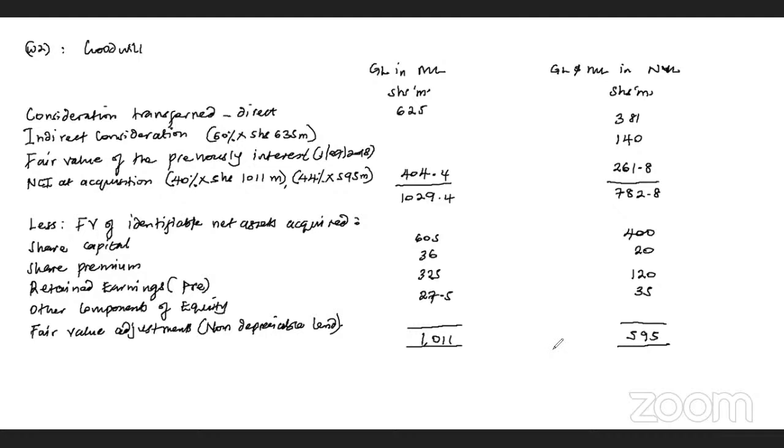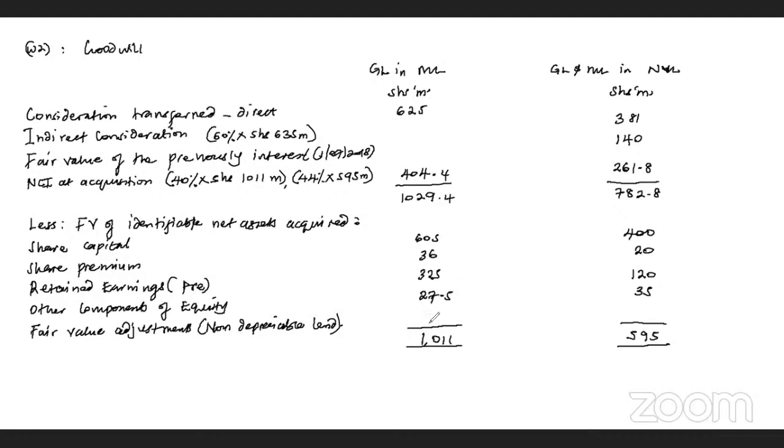595. So the excess that represents the fair value adjustment will be the value of the non-depreciable land. So the excess of the fair value for ML, you get your 1,011 minus your share capital, premium, retained earnings, as well as other components of equity.